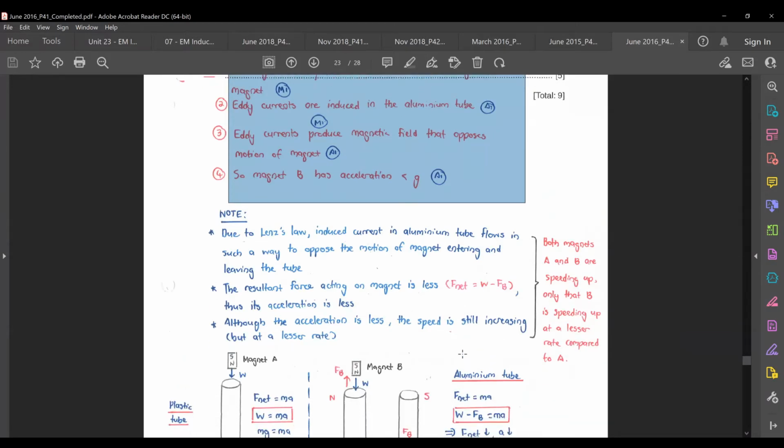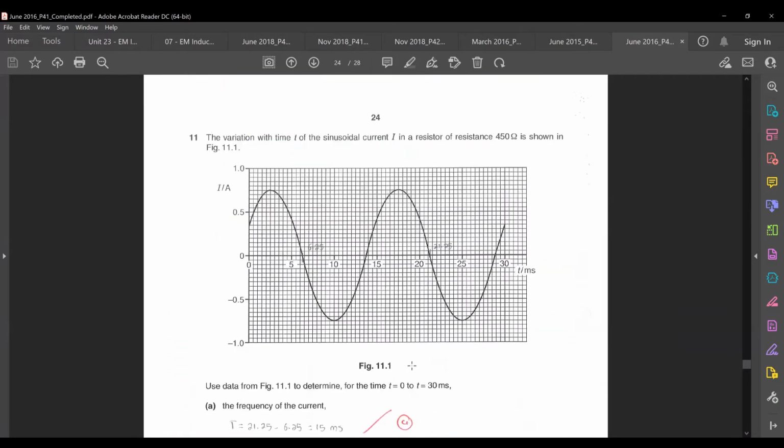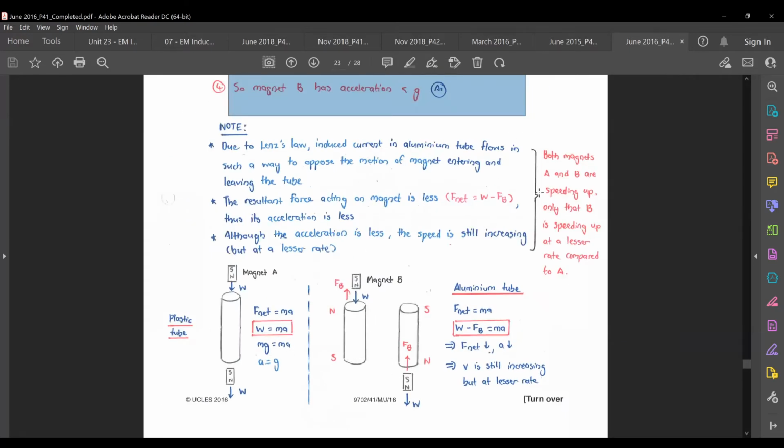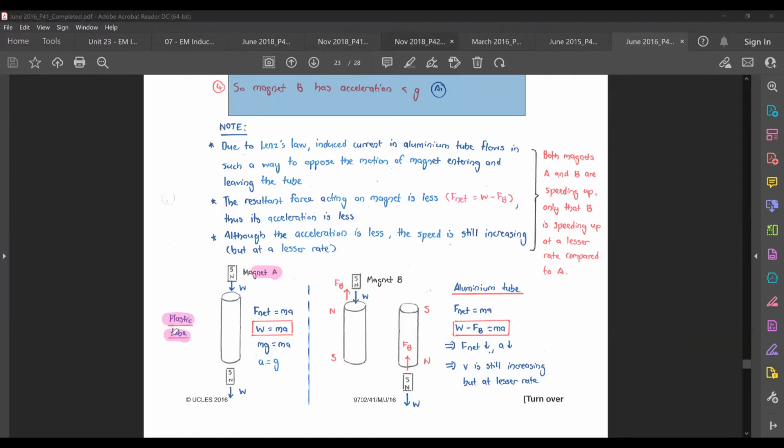Okay, now we look at the diagram below that I just drew. If you're talking about magnet A, which is just the plastic tube, when the magnet falls, do you think there is any induced current?